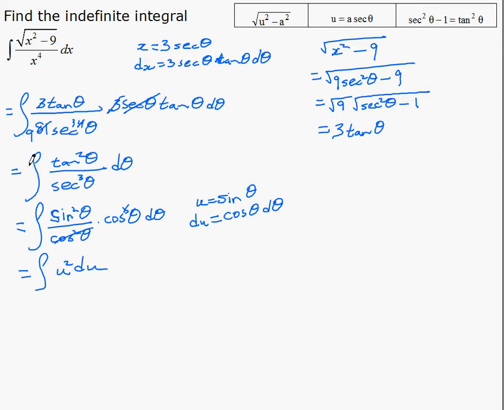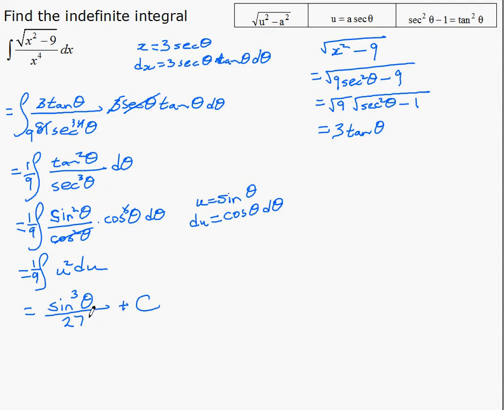Oh, we left the 1 over 9, so we should keep that the whole way. And integrating that then gives us u to the 3 over 3. U is sine, so we get sine cubed of theta over 9 times 3 is 27 plus a constant.